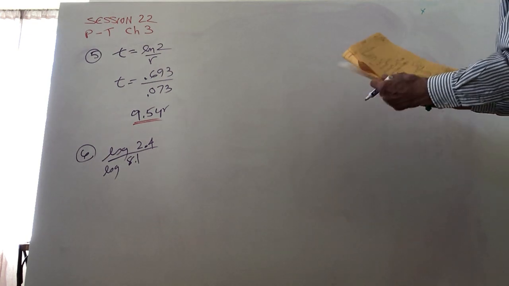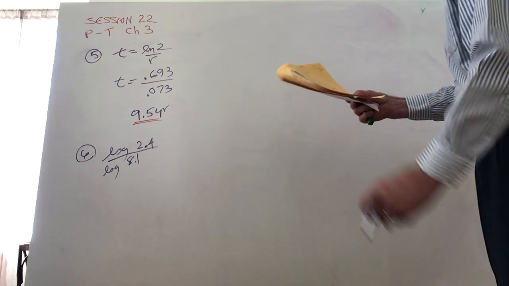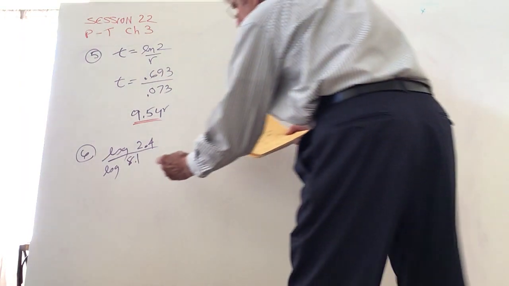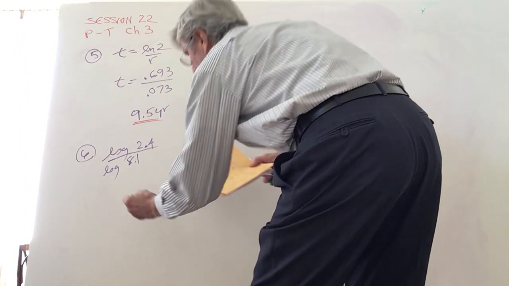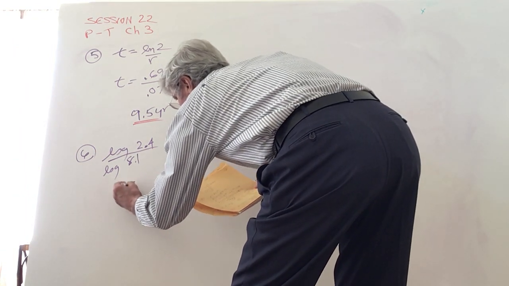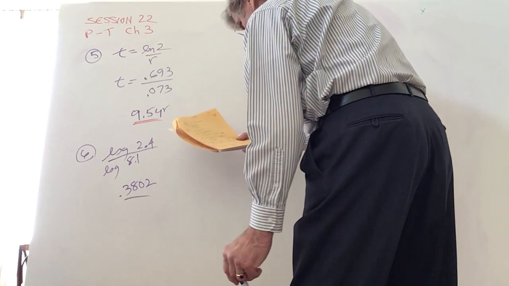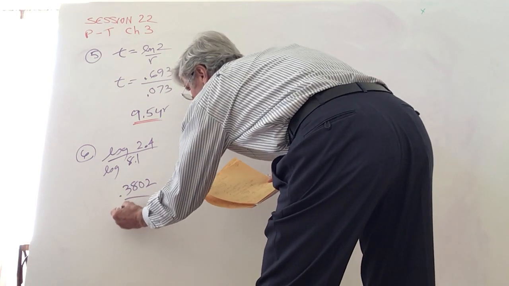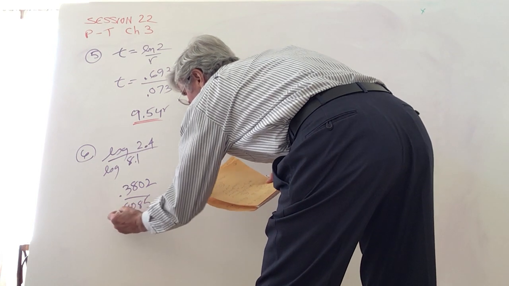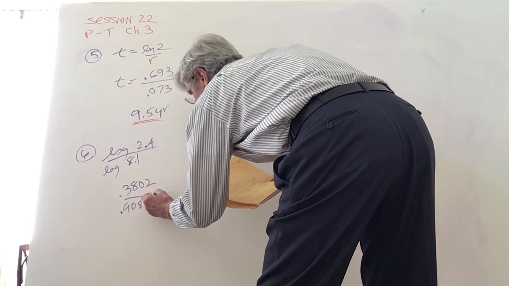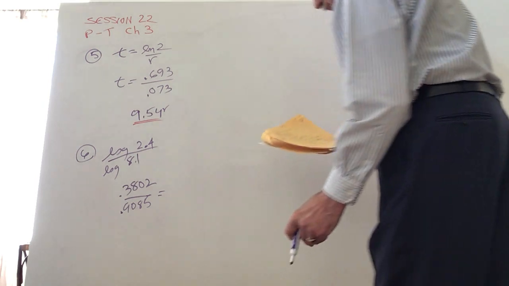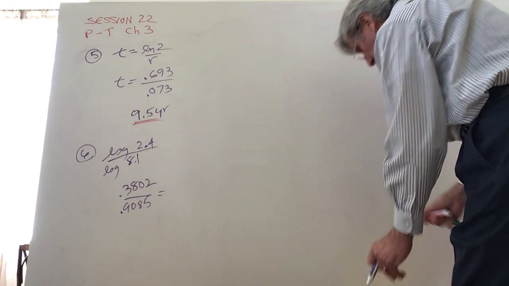And for number 6, the log of 2.4 I get as 0.3802, and the log of 8.1 should be 0.9085. I would probably ask you to go ahead and round this.